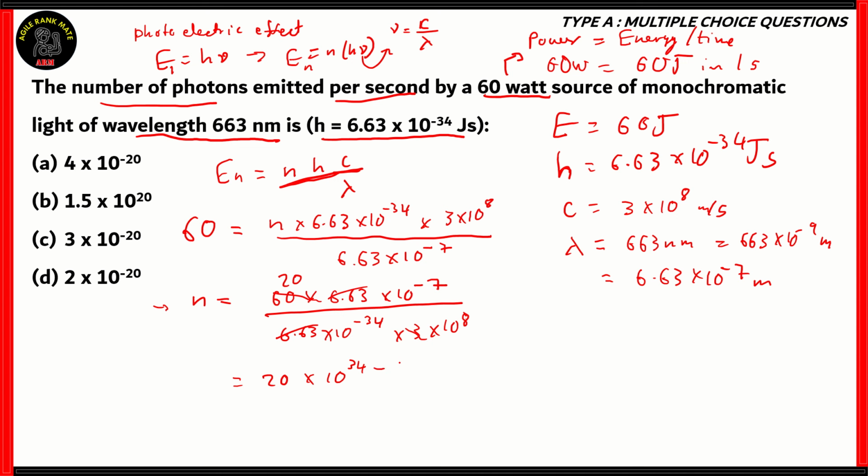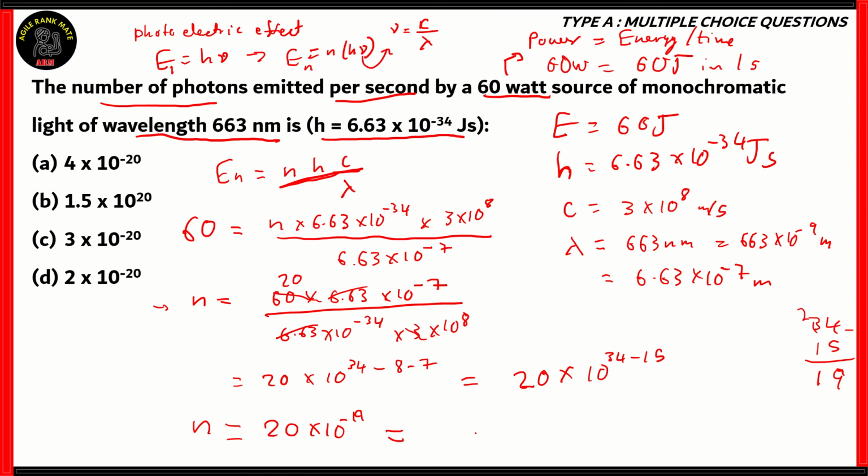So it's 10 raised to 34 minus 8 minus 7, which is equal to 20 times 10 raised to 34 minus 15, which gives 10 raised to 19. So the value of n would be 20 into 10 raised to, it's not minus 19 by the way, it's plus 19.